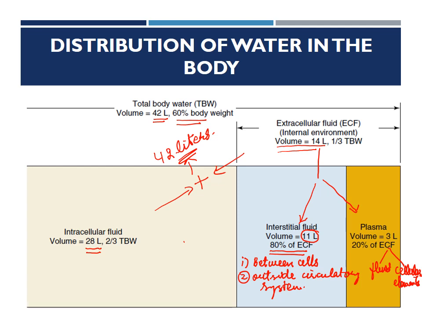And out of this 14 liters, 11 liters is present in the interstitial fluid, while 3 liters is present in the circulatory system. That includes blood vessels and also lymph.